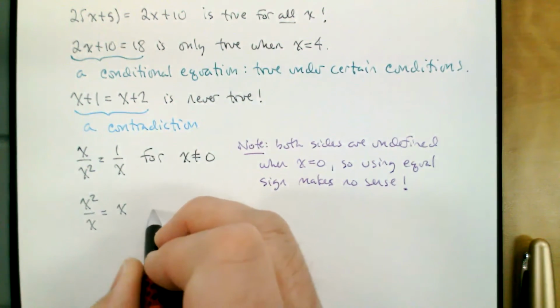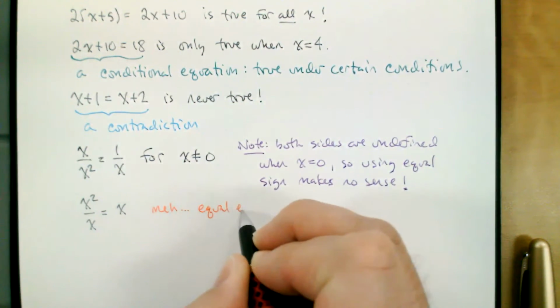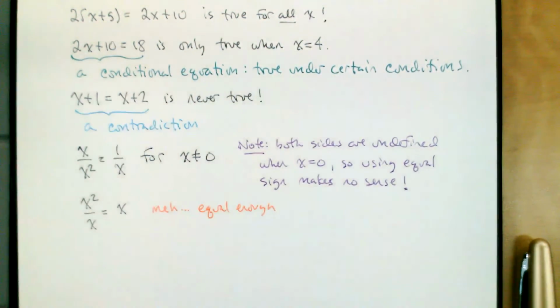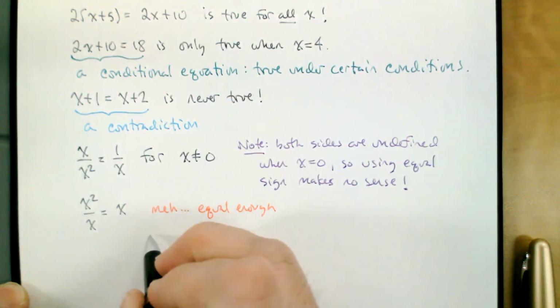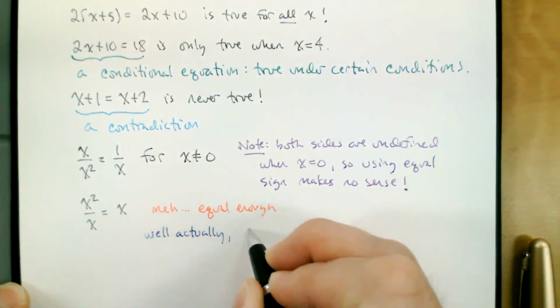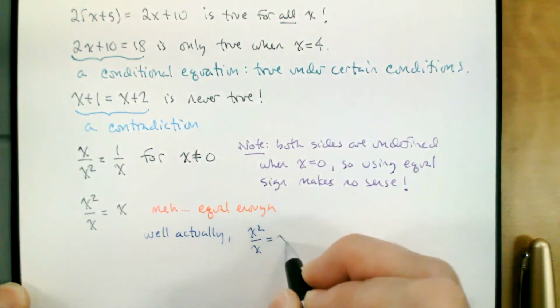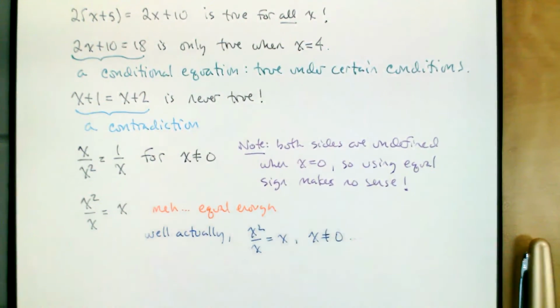So really, it's kind of a meh. Equal enough. If we want to be pedantic about the whole situation, we can put a comma and say x not equal to 0. So if you want to be pedantic, you'd say x squared over x is equal to x, as long as x is not 0. At which point it's like, oh, dude, you know what I meant.